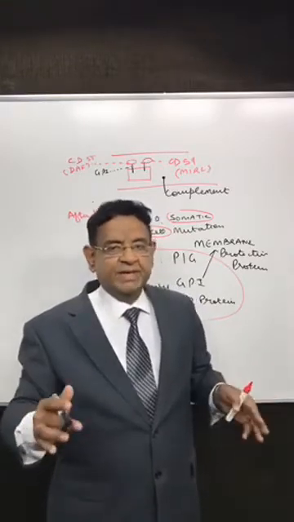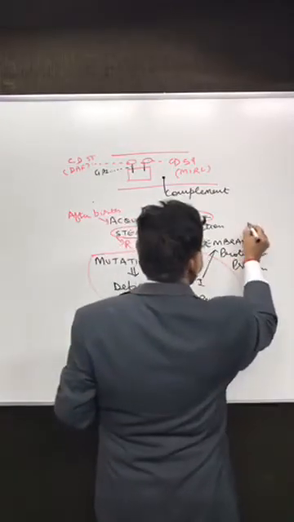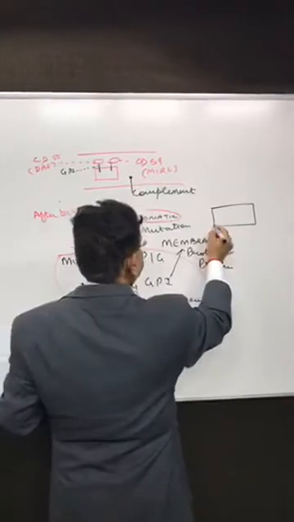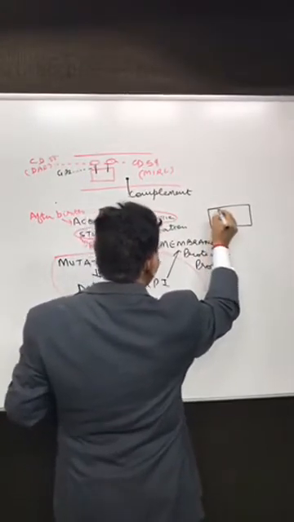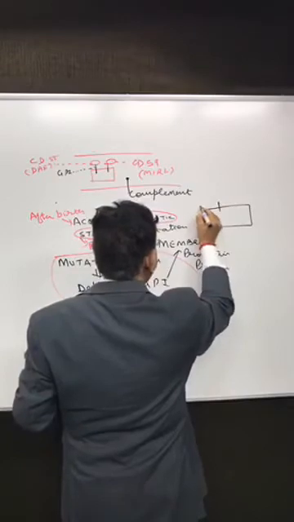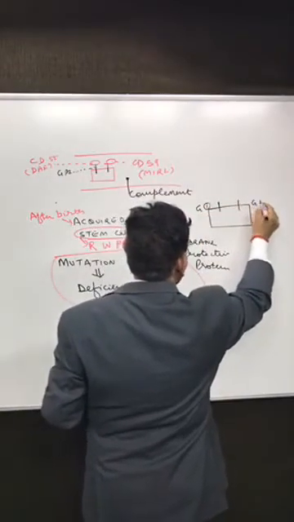Let me make it a little easier. Suppose this is a building, like this cell, and this building has two gates. At gate number 1 we have guard number 1, and guard number 2 at gate 2.